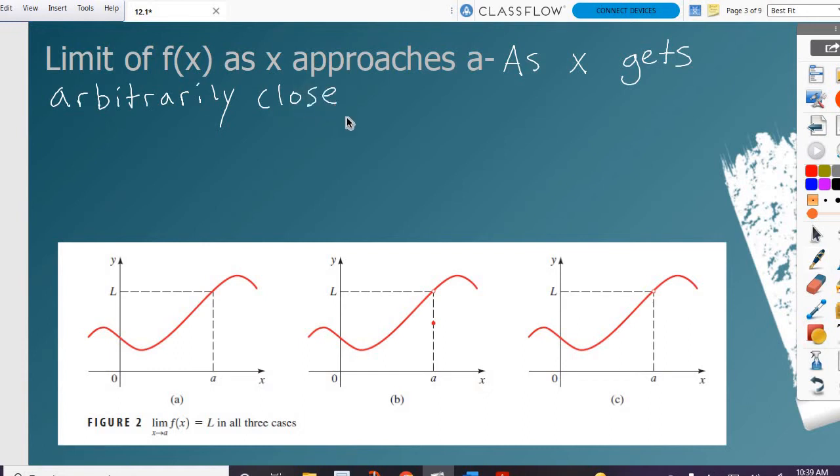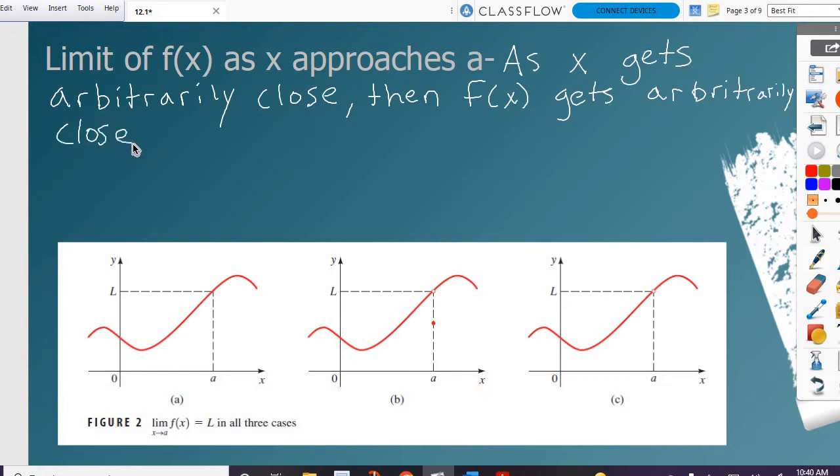Arbitrarily close. What do these words mean?